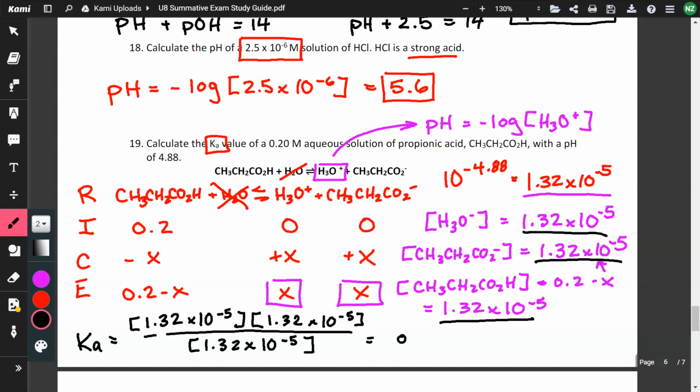Plug that in your calculator, you get a value of 8.7 times 10 to the minus 10. A lot of big numbers going on.